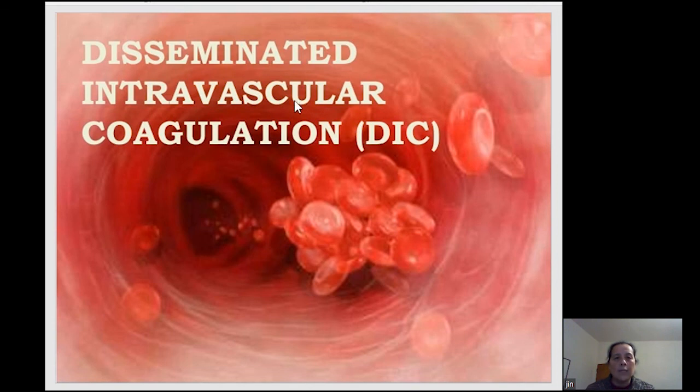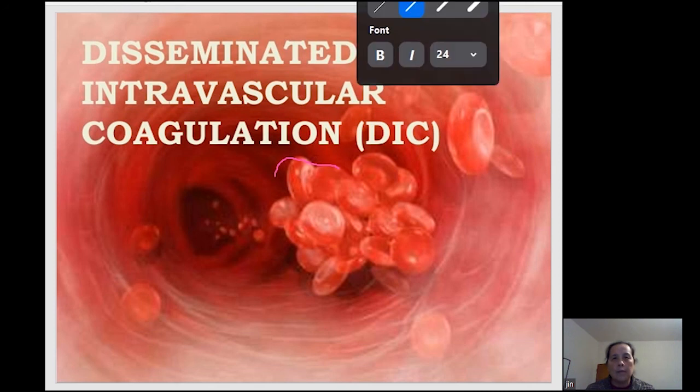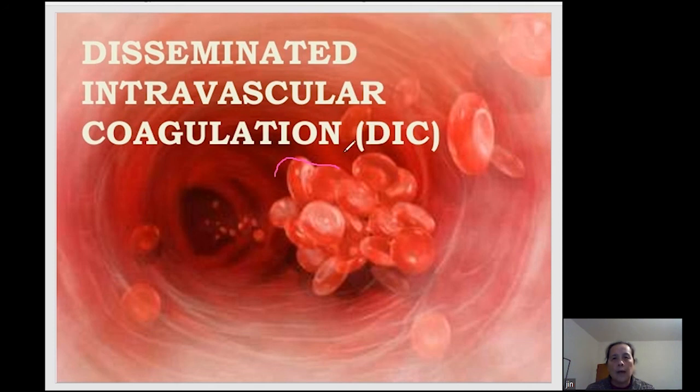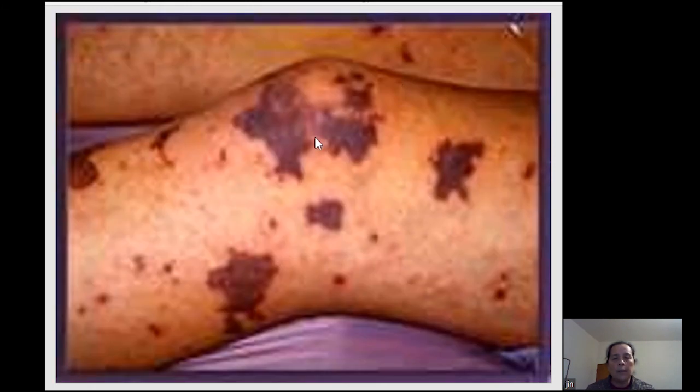The picture shows us this. You can see a lot of blood cells, including some platelets, together in the blood circulation. And the other situation is you can see bleeding everywhere, all over the body.